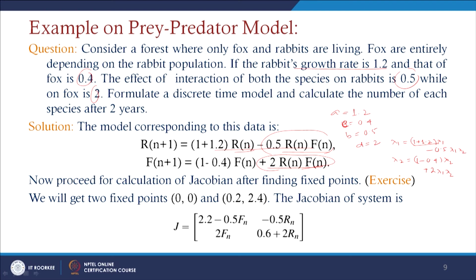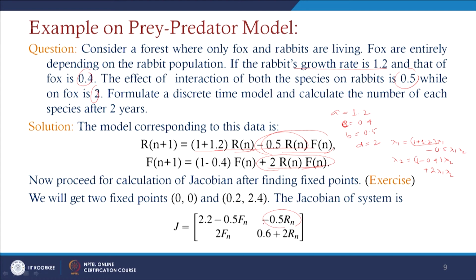Differentiating with respect to Rn, we find 2.2 minus 0.5 Fn, since we are differentiating with respect to Rn only. Differentiating with respect to Fn, we find minus 0.5 Rn.